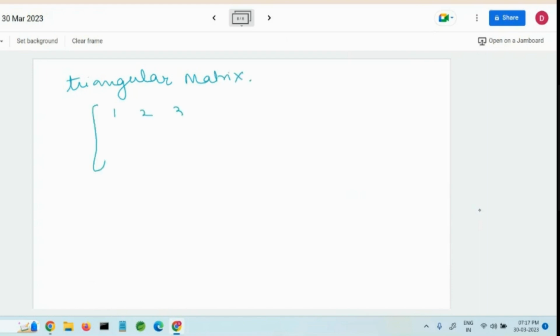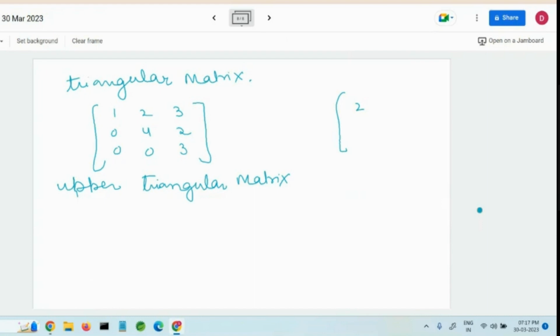1, 2, 3, 0, 4, 2, 0, 0, 3. This is an upper triangular matrix.